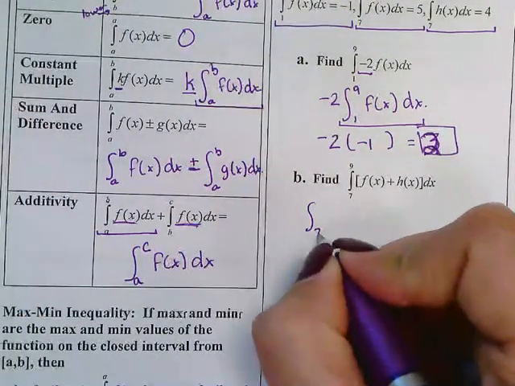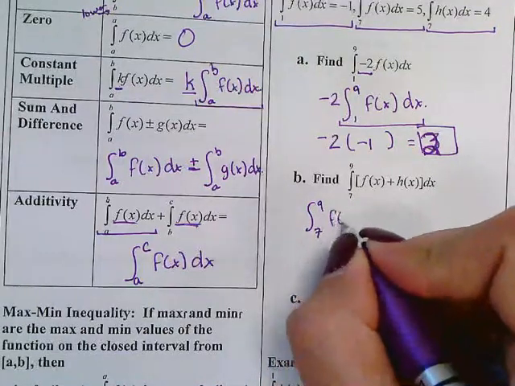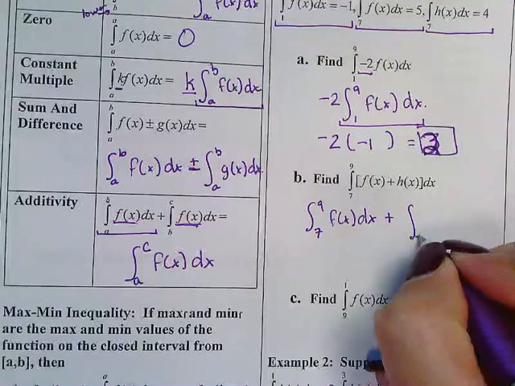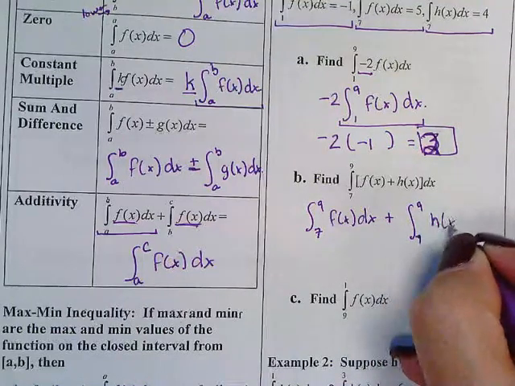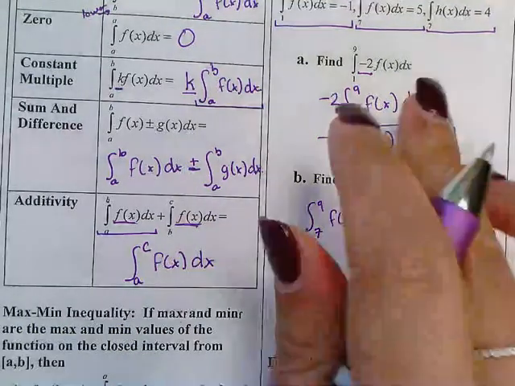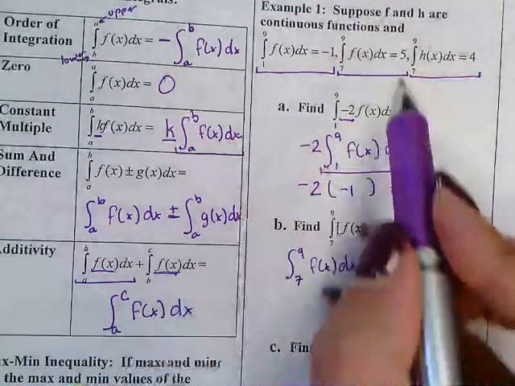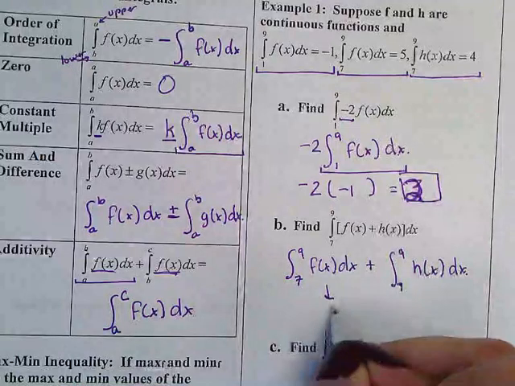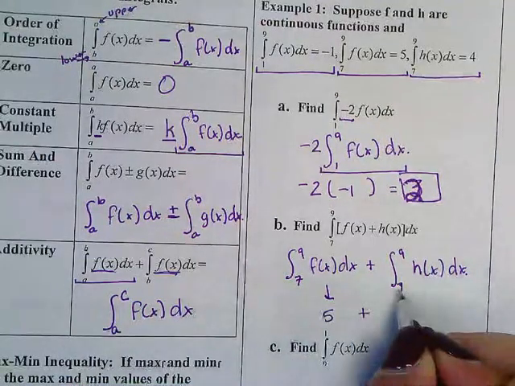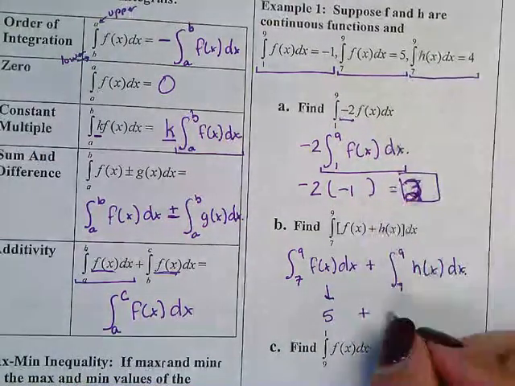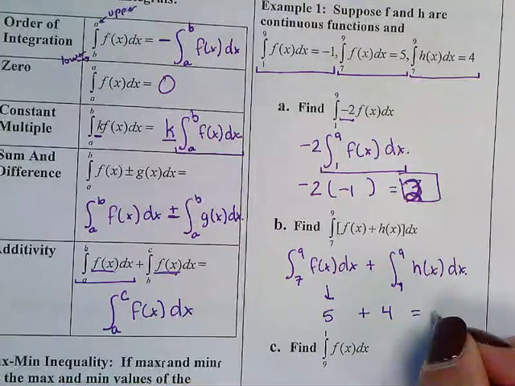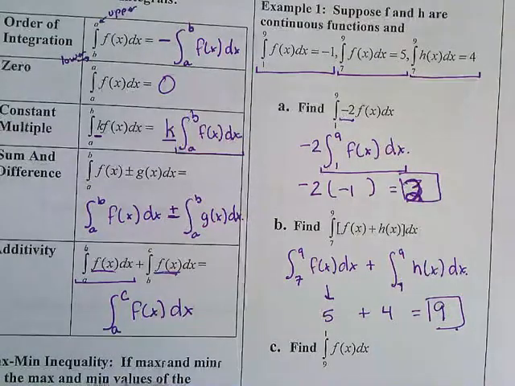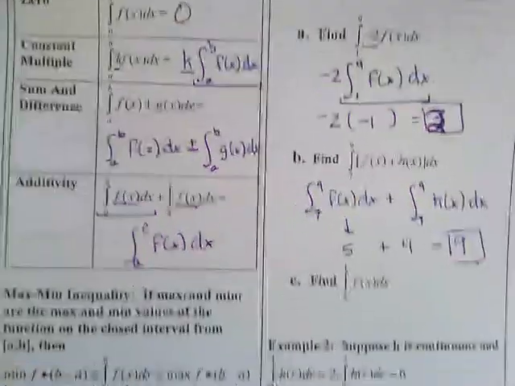So I'm going to separate this: 7 to 9 of f of x dx plus 7 to 9 of h of x dx. And based on what they gave us up here, from 7 to 9, the integral of f of x is 5 plus the integral of 7 to 9 of h of x is 4. So total 9. Next one.